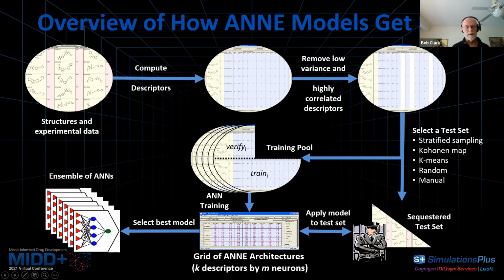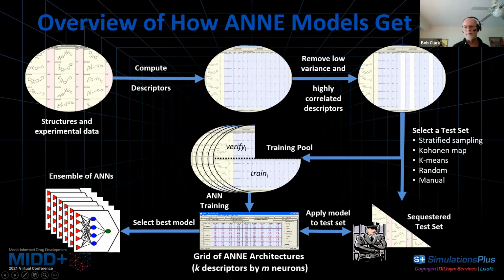And the grid is laid out in terms of K descriptors by M neurons. And we look for patterns of performance as much as individual performance. That is, if there's one particular ensemble that sticks out as being spectacularly good, that's probably accidental.